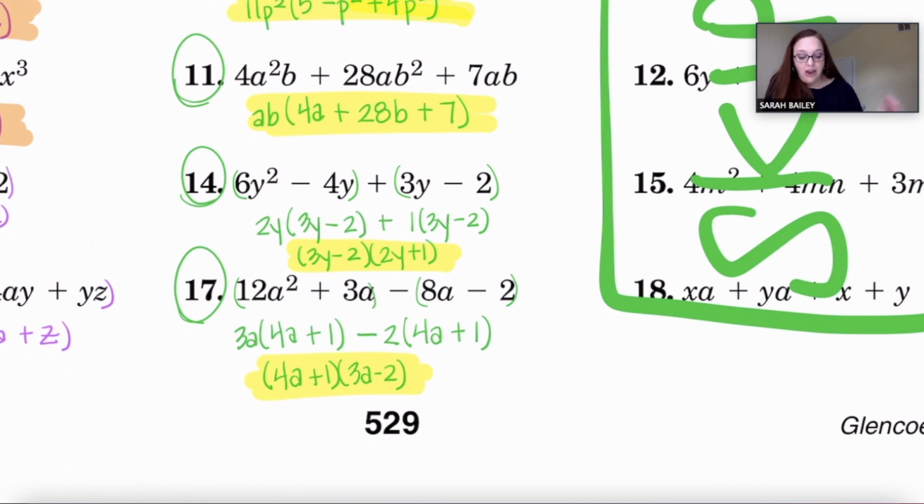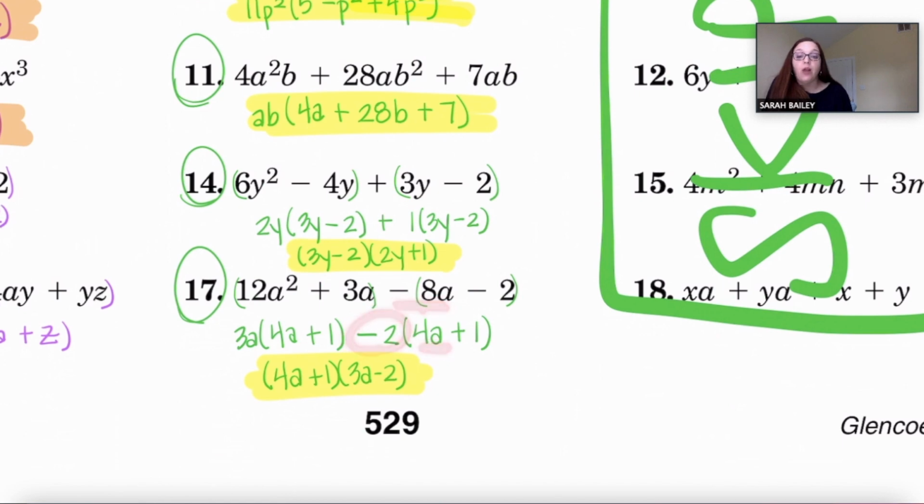Okay, great. I'm thinking that you might have a question about number 17, and this minus sign kind of messes everything up. So hopefully you notice that if you ignore the signs, you can take a 2 out, right? So if you take a 2 out, if you bring that minus down, remember you're really factoring out a negative 2. So negative 2 times 4a, right? That gives me that minus 8a.